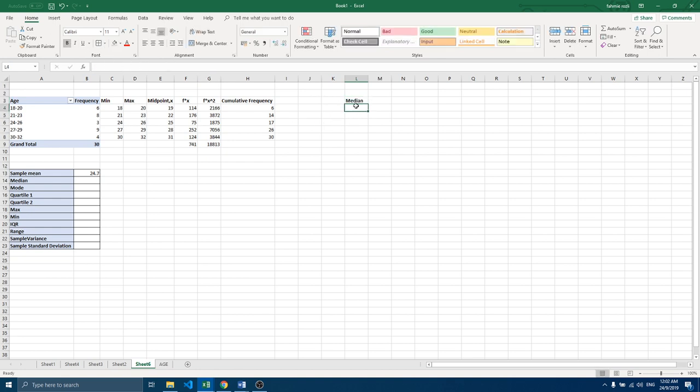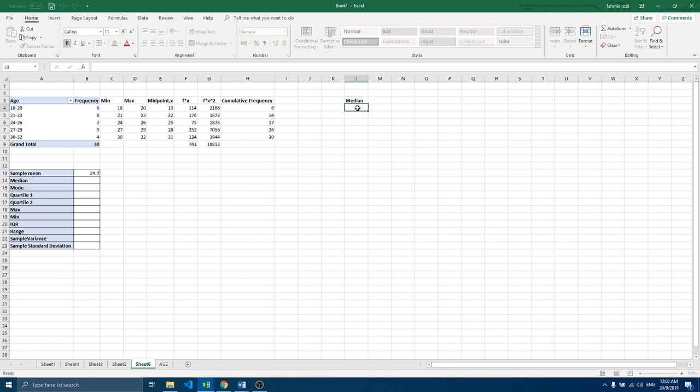So for median, you need certain values to substitute into the formula. First you have to identify your median class. So how to identify your median class? First you have to take the total frequency, which now is 30.